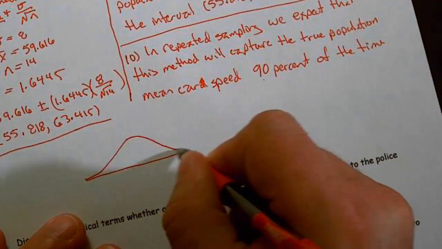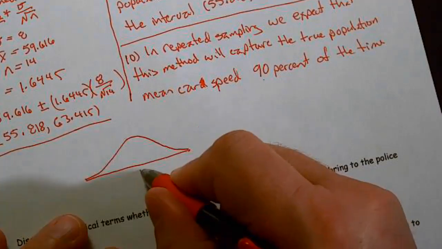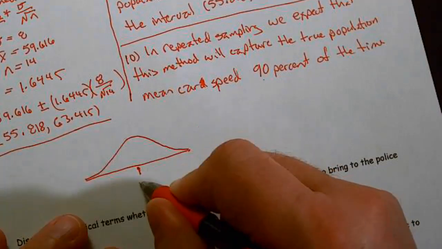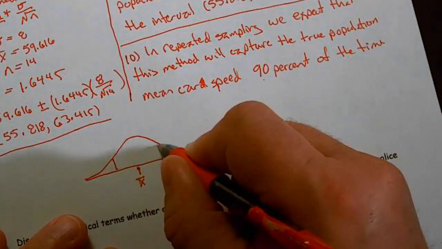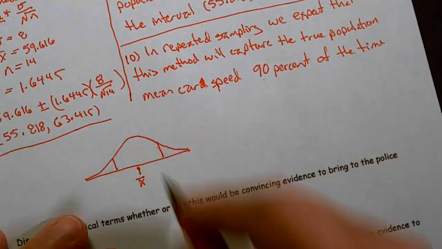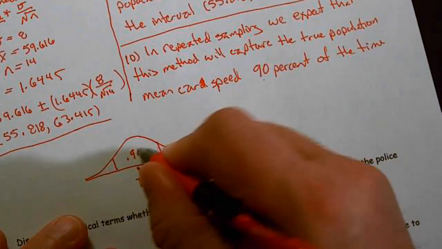So we took a sample. It happens to be normal. And our sample is always centered on X bar. All confidence level intervals are centered on X bar. So this is 90% right here.